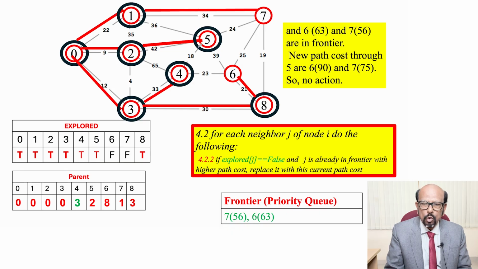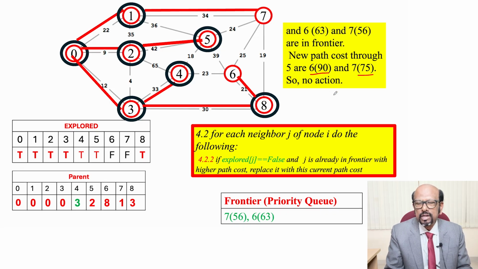Now, if you go through 5, so 9 plus 42, 51, 51 plus 39 is 90 for 6. So it is not shorter than the existing path cost. Similarly, for 7, we get 75, 9, 42, 24, so 75. But there it is 56.